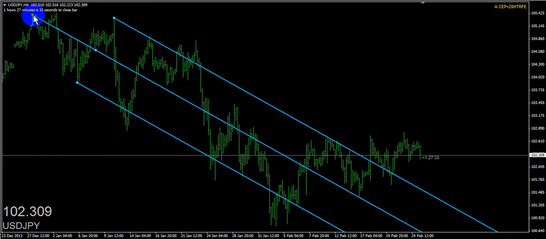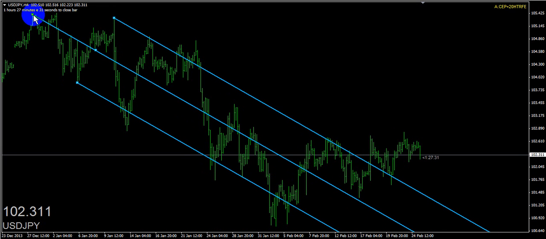And I did modify this fork a little bit from the ones that I had posted before because I liked it a little bit more for this time frame.